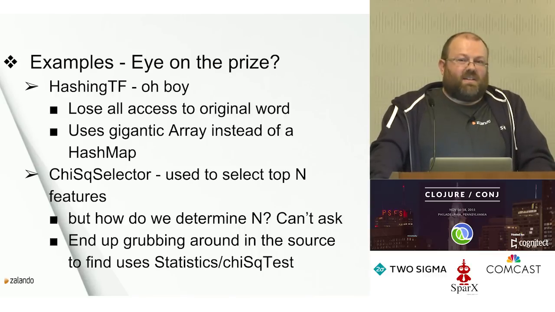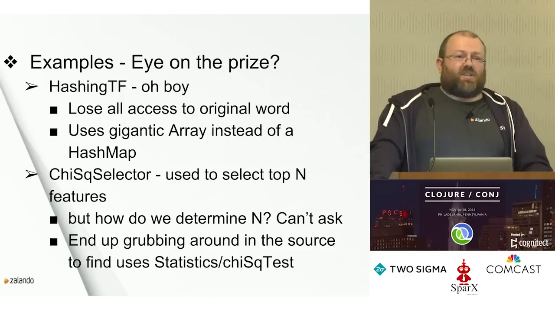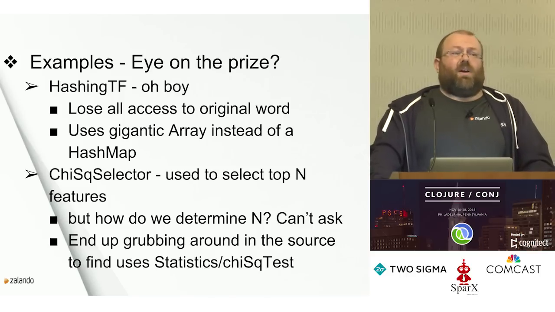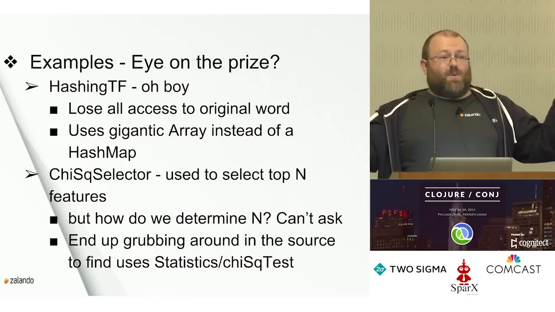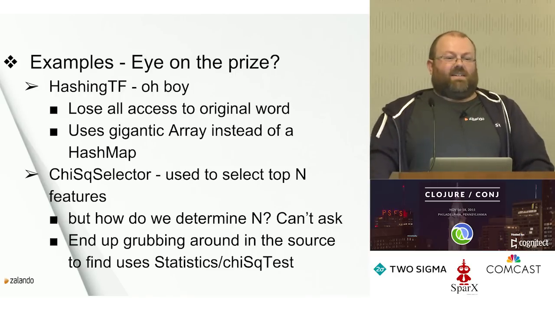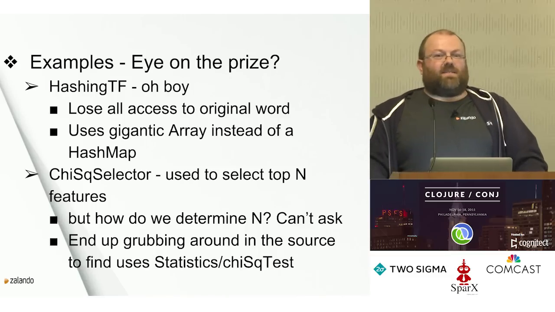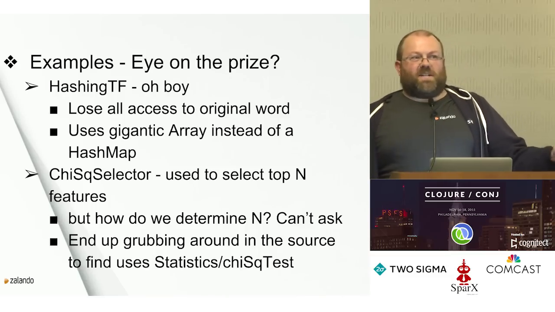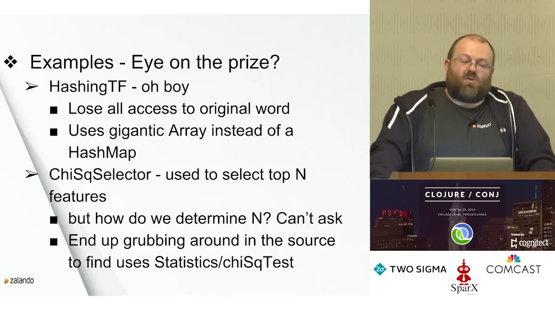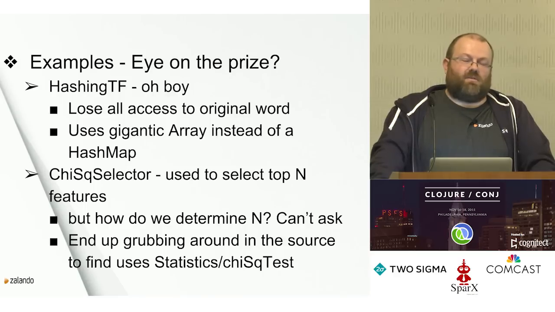And underneath the hood, yes, they use hashing. Do they use a hash map? No. They allocate like a 2 gigabyte array of things and hash into it with a lot of collisions and a lot of wasted space for no real reason. So some of those things, once you see them, you end up rolling your own.